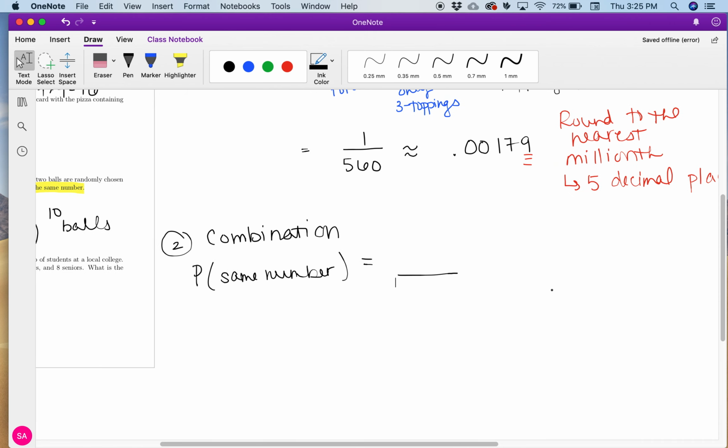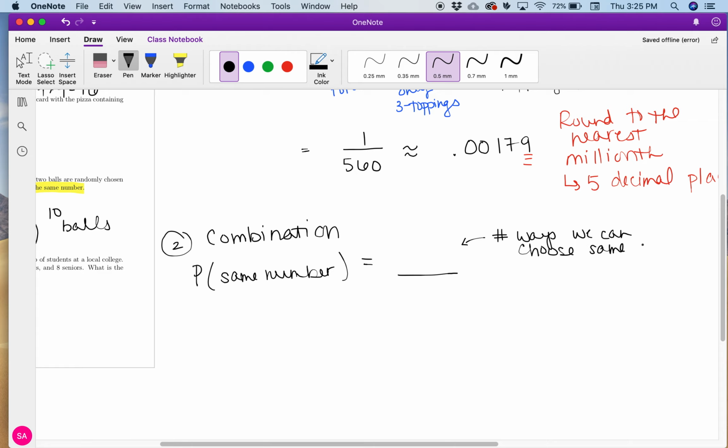All right, so again, I think the tricky part with these problems is figuring out these values. What's the number on top? What's the number on bottom? So on top, we want the number of ways we can choose the same number, right?